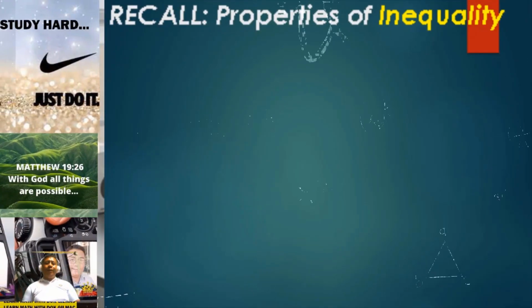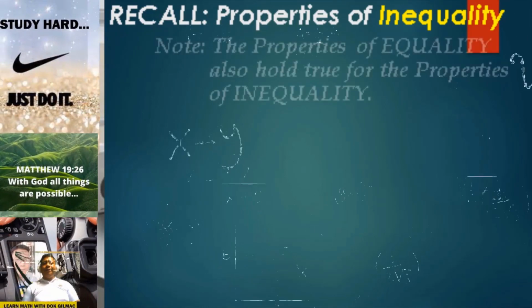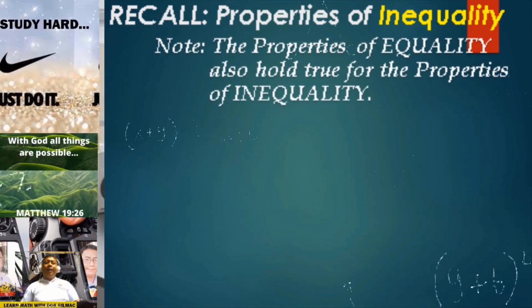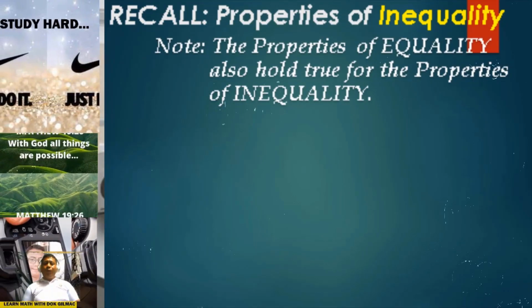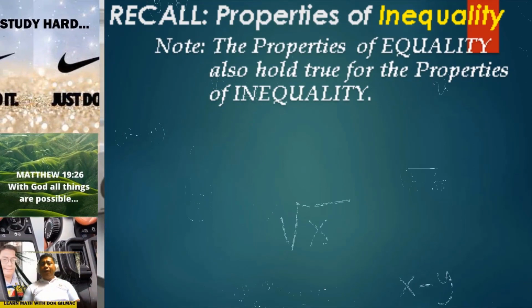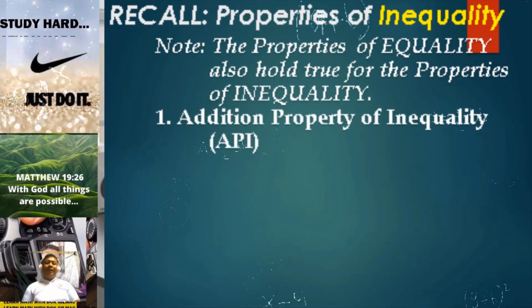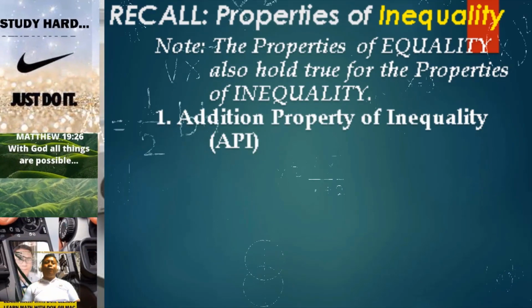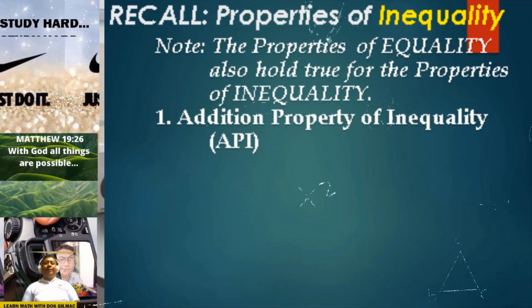Let's recall the different properties of inequality. Take note, the properties of equality also hold true for the properties of inequality. Number 1, we have the addition property of inequality, or API.